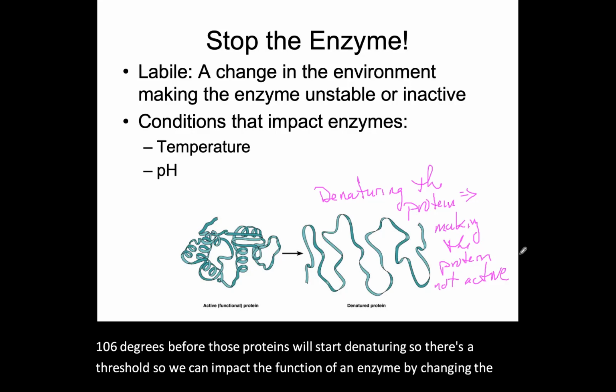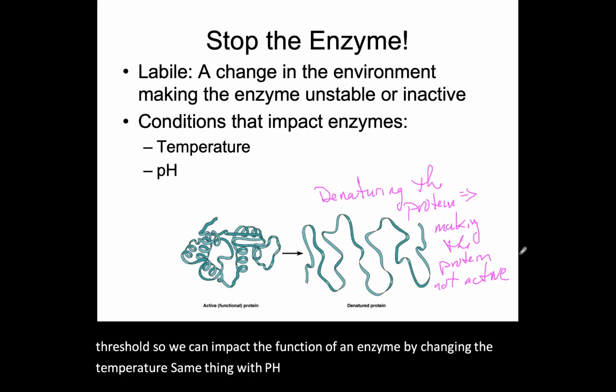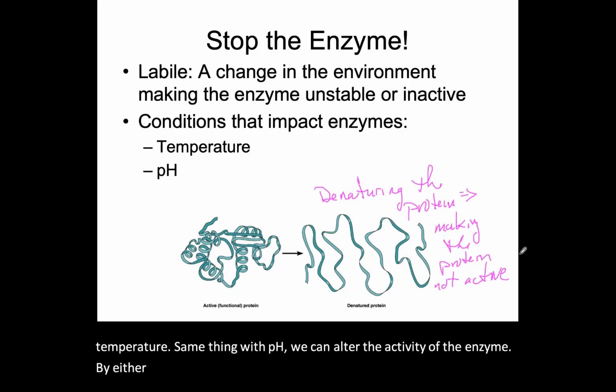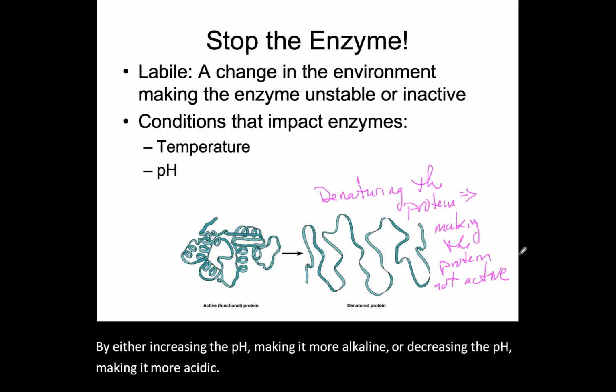Same thing with pH. We can alter the activity of an enzyme by either increasing the pH, making it more alkaline, or decreasing the pH, making it more acidic. That will also denature a protein.